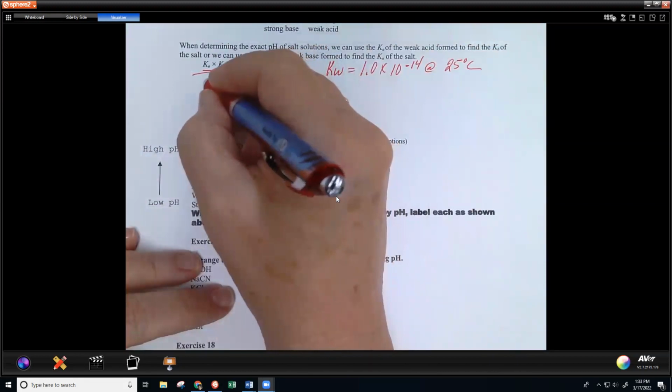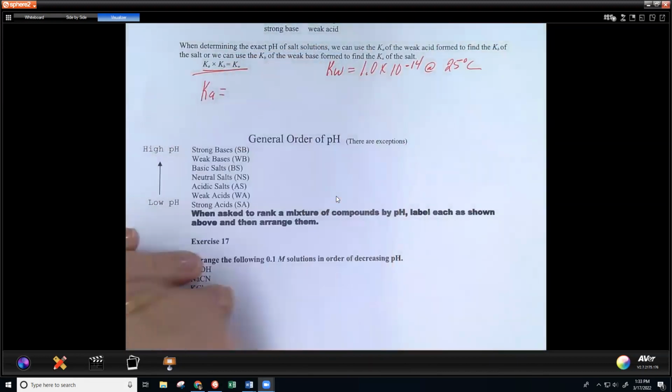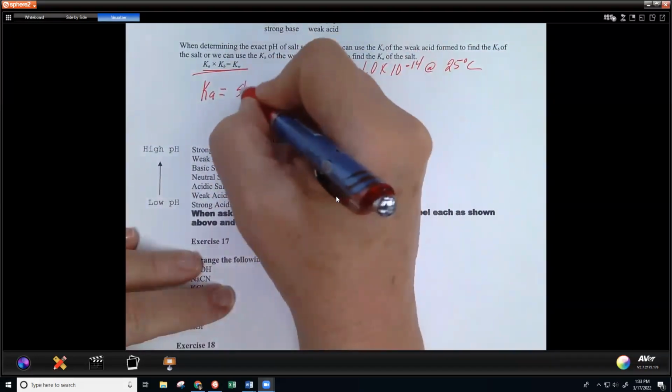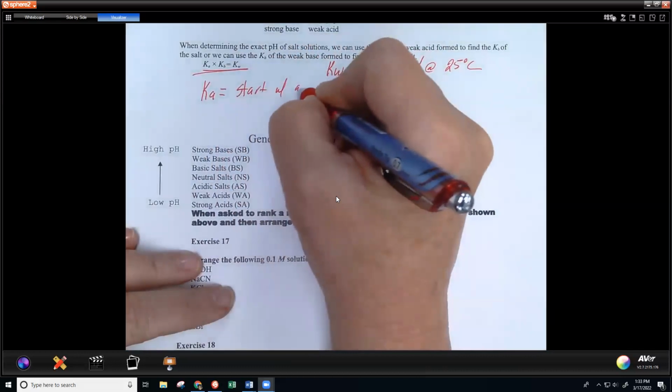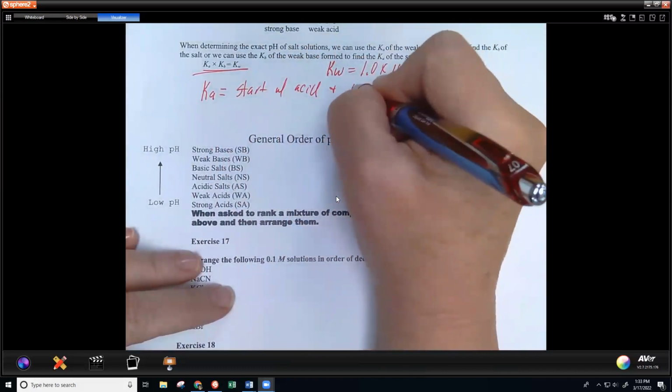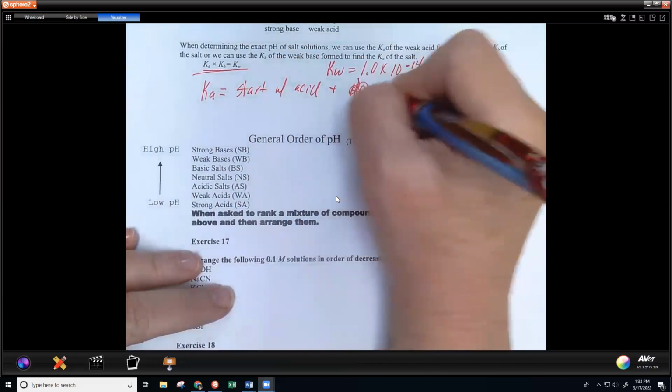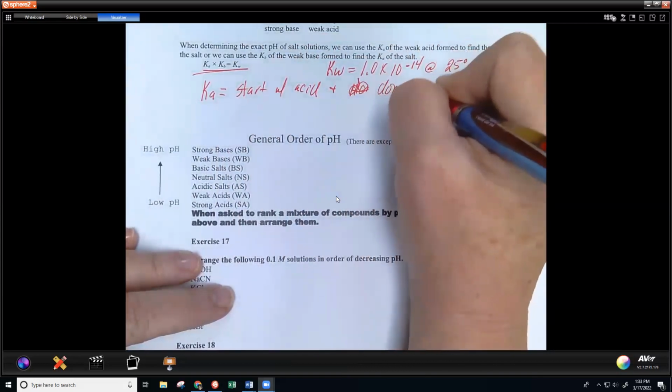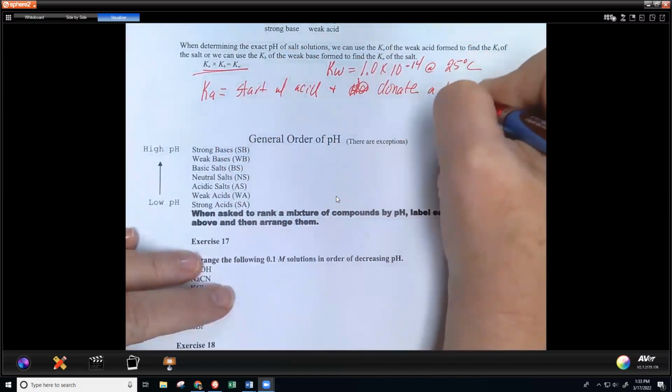So remember, I would be using a Ka because that's the equilibrium for an acid. So I would have to start with an acid, and then it would have to donate H plus.